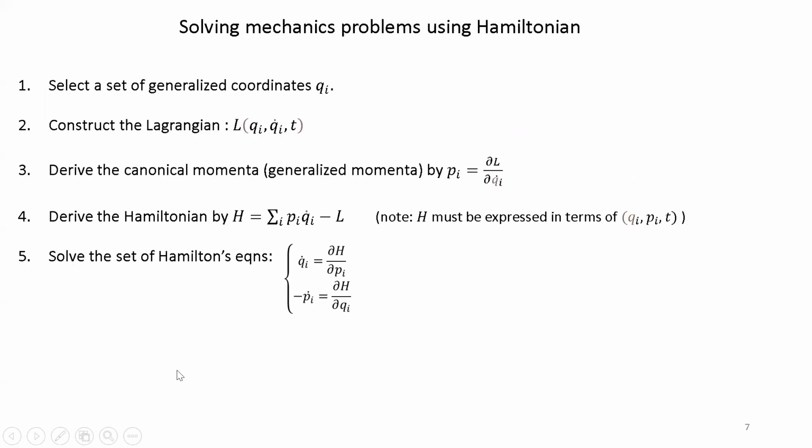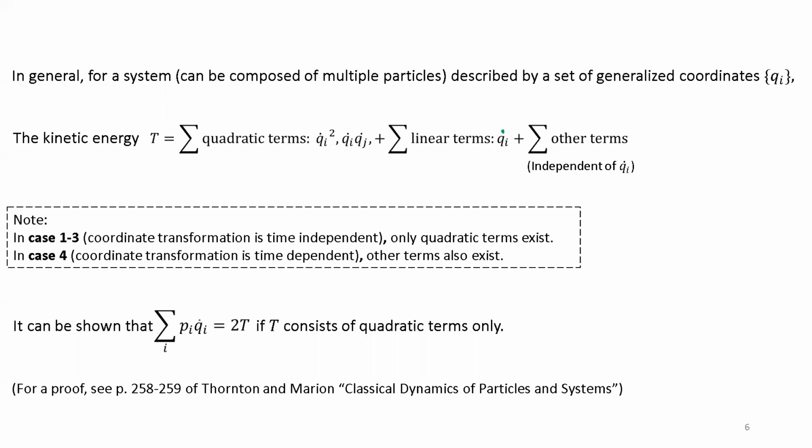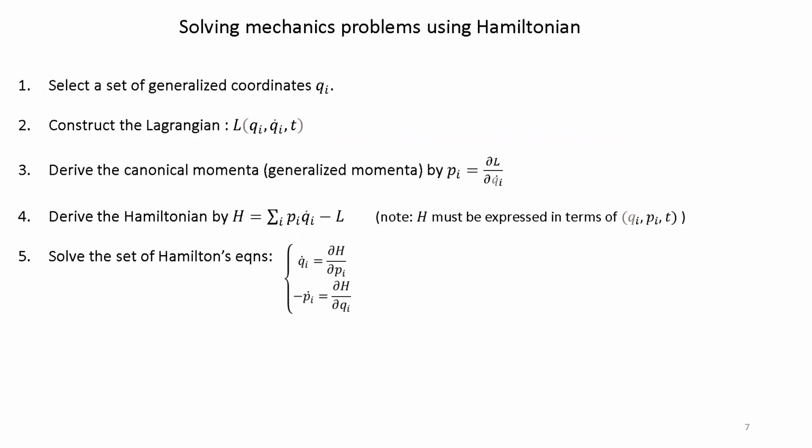But now I think you are convinced that in most cases the Hamiltonian is indeed equal to the total energy of the system. So with that in mind, I think it is a bit more comfortable to work with this.